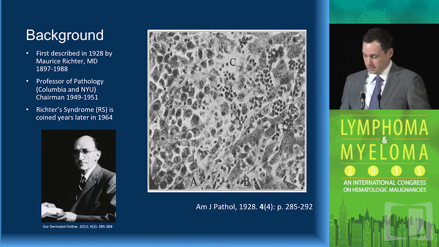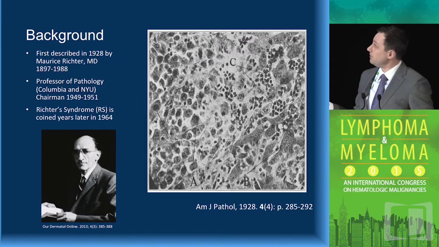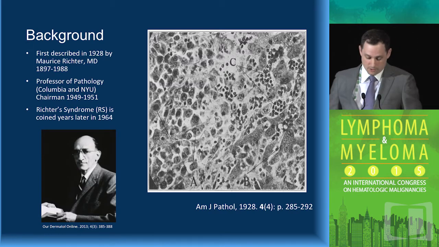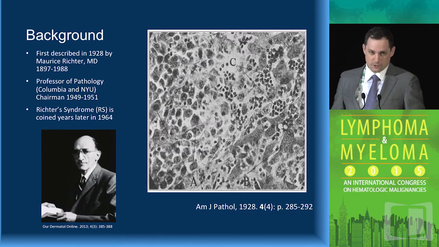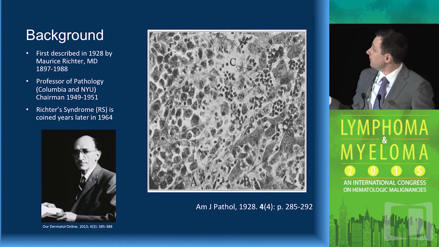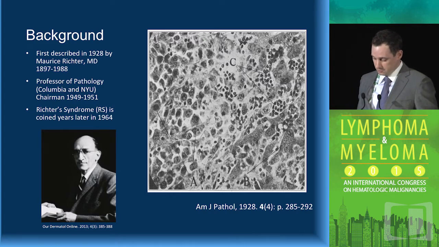On autopsy, he was able to see sheets of large atypical cells admixed with smaller CLL-like cells, and this is a liver biopsy. It was the first time that anyone postulated that possibly these cells arose from the previous cell that was diagnosed in the patient years prior.